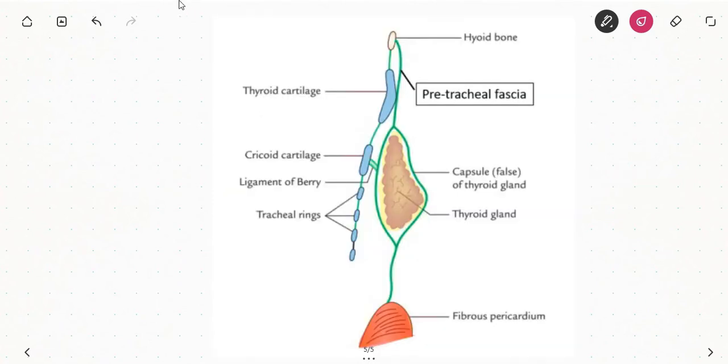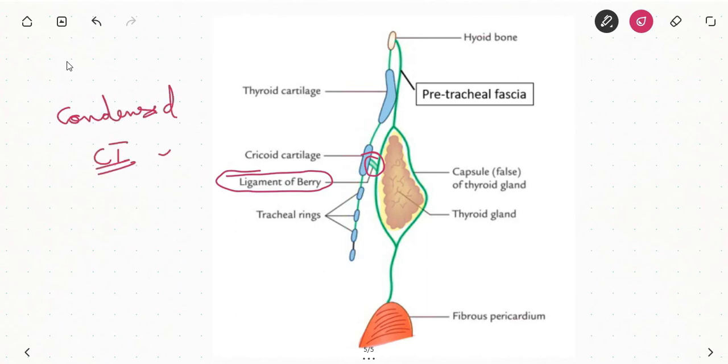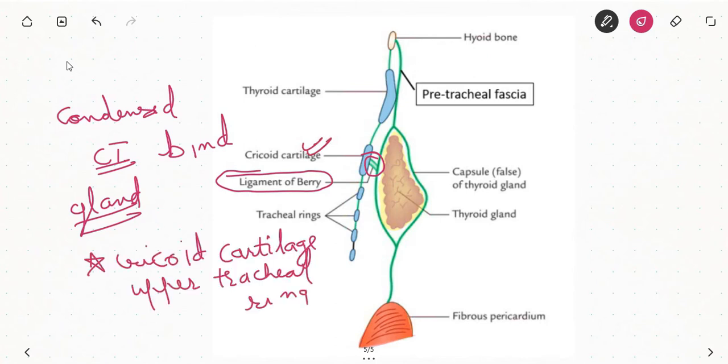So coming to the ligaments and fascia. So this one is the ligament of Berry. This structure is a condensed connective tissue that binds the gland firmly to the cricoid cartilage and upper tracheal rings.